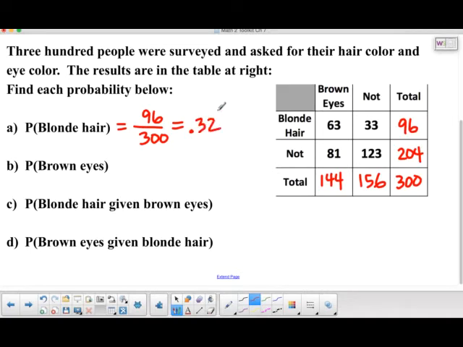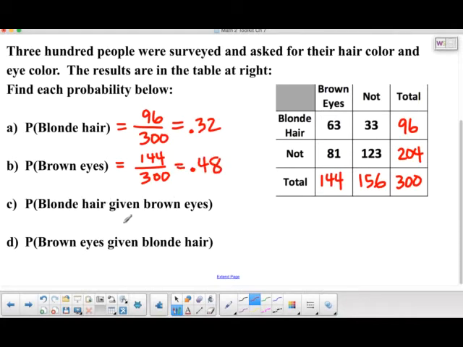So that'd be about 32% or about 0.32. So that would be the chance of someone having blonde hair. If you went to brown eyes, you'd say, well, how many people have brown eyes? Well, you go over here, and here's brown eyes. Go down to the bottom. That's the total number of people with brown eyes. So that would be 144 out of 300. And if you do the math on that, that would end up being about 48% or 0.48 as a decimal.